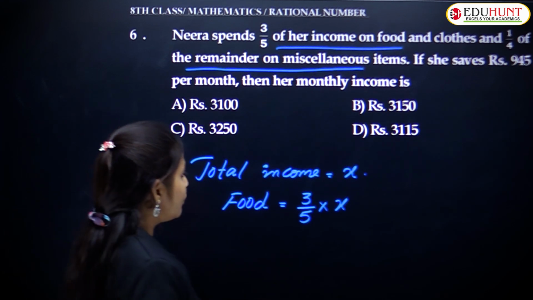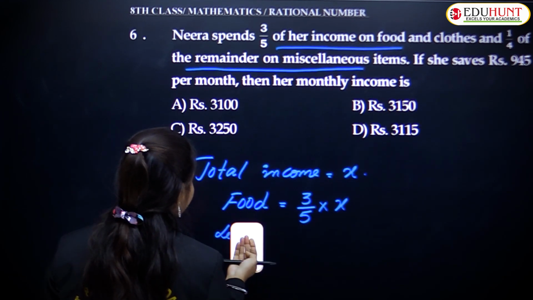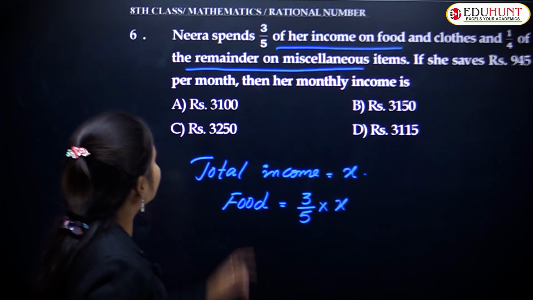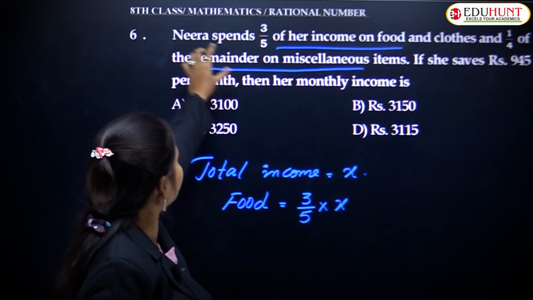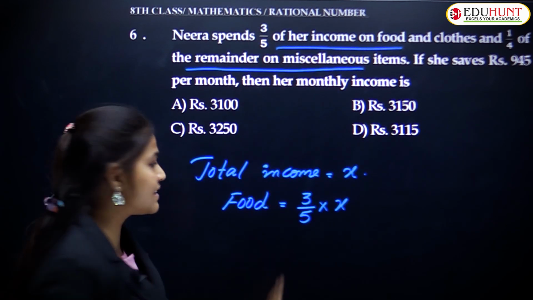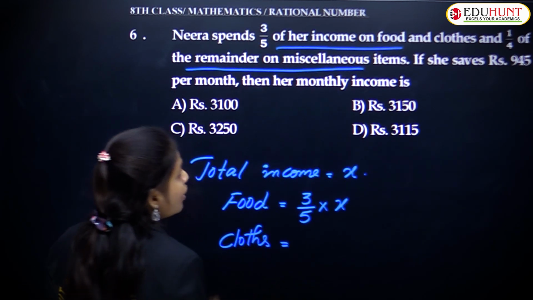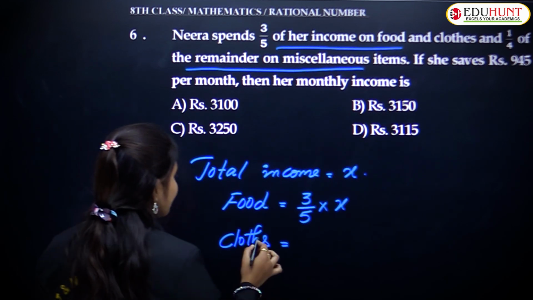Okay. So, the leftover here, 3 by 5th part of x, no? So, 3 by 5th part she spends on that food. Okay. She spends on clothes. So, on clothes, how much she spends?